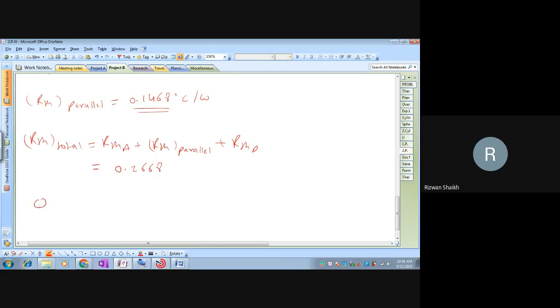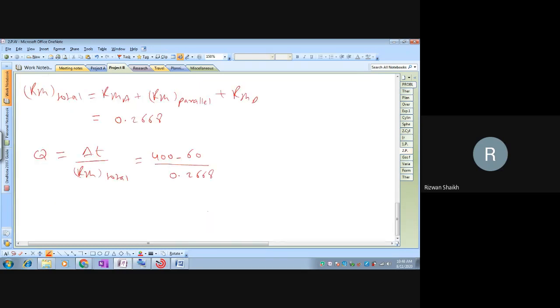When I require the rate of heat flow, Q is equal to delta T upon RTH total. I can put the values here. Delta T is equal to 400 minus 60, the change of temperature, and total thermal resistance is 0.2668. If I do this calculation, Q is equal to 1274.36 watt. So this is your final value of the rate of heat flow.